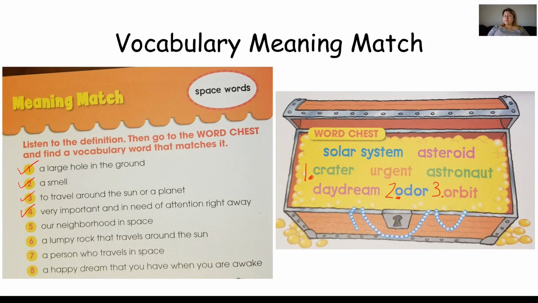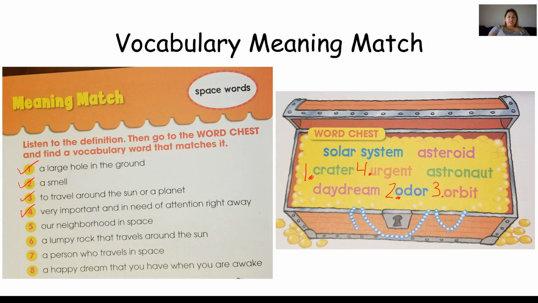Solar system? Asteroid? Urgent? Astronaut? Or daydream? Yes, it was urgent. Something that is very important and in need of attention right away is urgent. So we're going to put a number 4 right there. And that is urgent.